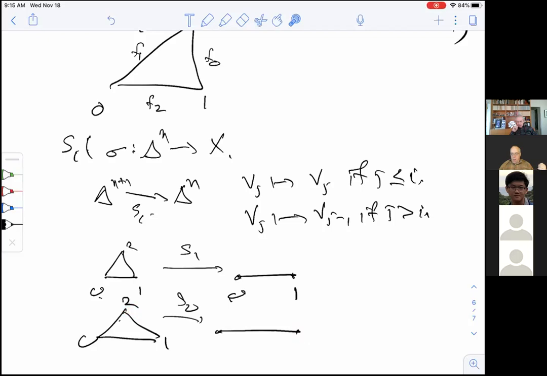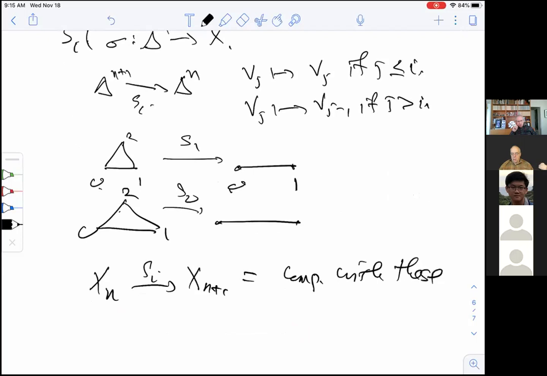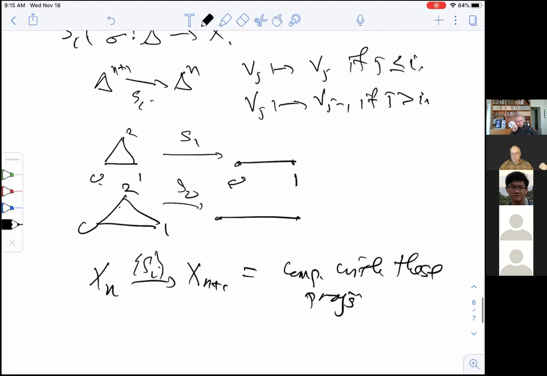Okay. And then the map from X_n to X_{n+1} is just composition with these projections. So you have to say which pair of vertices is going to get collapsed together, and they will be vertex i and i plus 1. You just compose with that map.